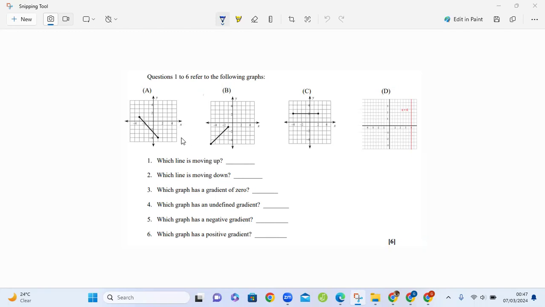So it must always be viewed as the x always increasing from left to right. Okay, the x always increases from left to right. So let's write here.